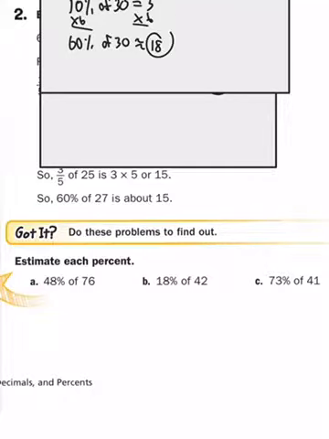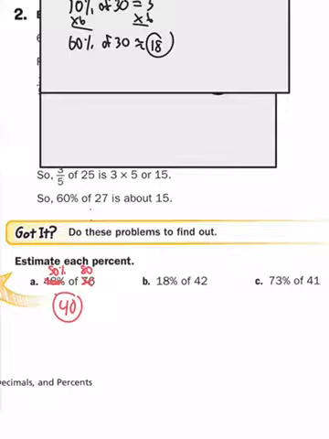Or you could do A, B, and C with me. So, as I do A, here's what I'm going to do. First off, I'm going to change 48% to 50%, which is half. Now, if you could do half of 76 in your head, use that as your estimate, because that's going to be good. If not, you want to change the 76 to about 80, because half of 80 is 40, and 40 would be an easy, pretty close estimate.